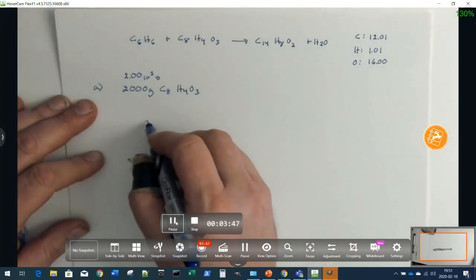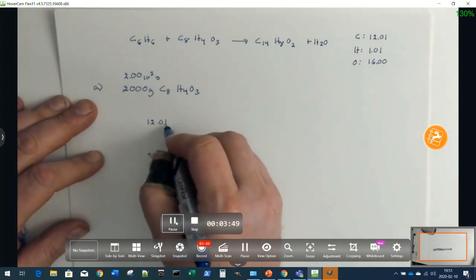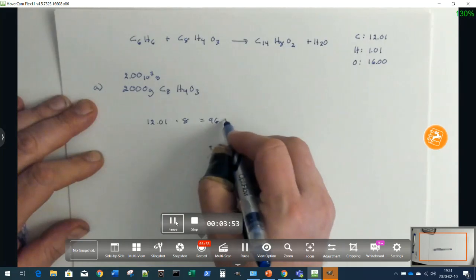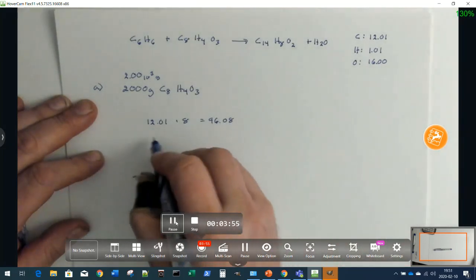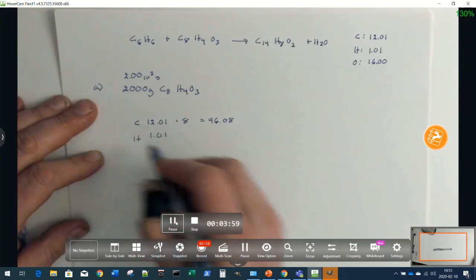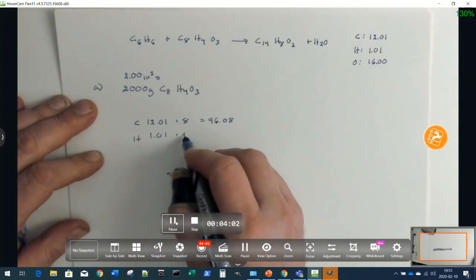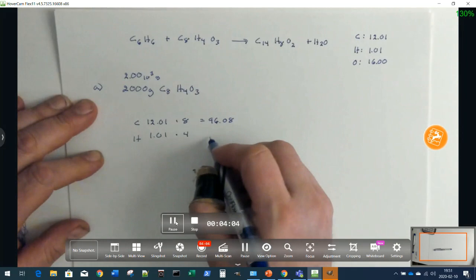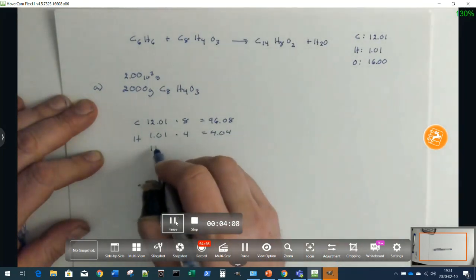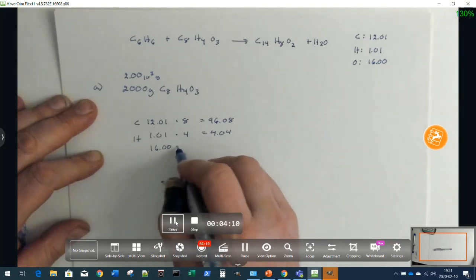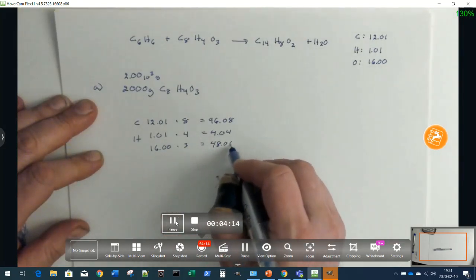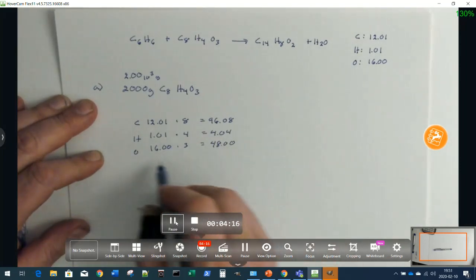To do that, we take 12.01 times 8, which is 96.08. This is for carbon. We take 1.01 times 4 for hydrogen, which is 4.04, and then we take 16.00 times 3, which is 48.00. That's for oxygen.